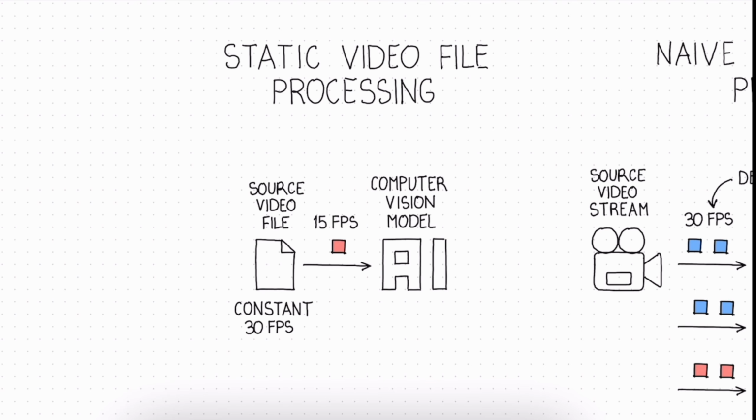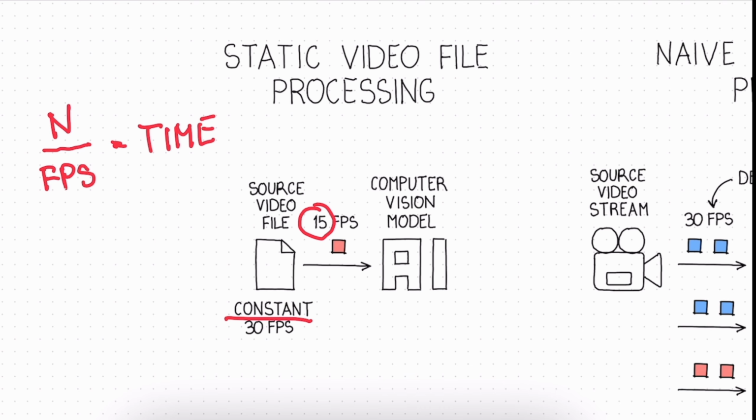The FPS of a static video file is constant, and we can leverage this to calculate the time. We simply count the number of frames that have elapsed and divide the result by the constant FPS. It doesn't matter how fast your model is, you'll still get accurate time measurements. The only consideration is that the speed of the model will impact the total processing time.